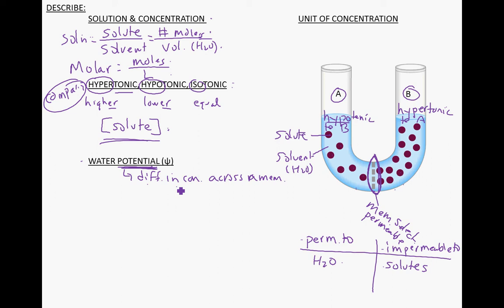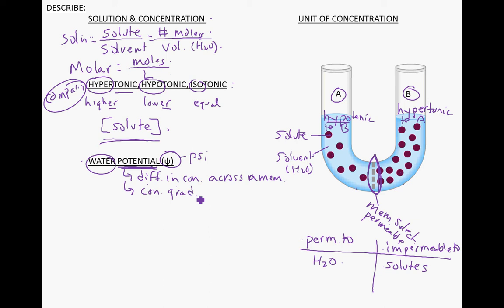We use this concept of water potential. This funny looking symbol right here is the Greek letter psi, which stands for water potential. So psi is measuring the difference in the concentration of water on either side of the membrane. This difference can also be described as a concentration gradient.